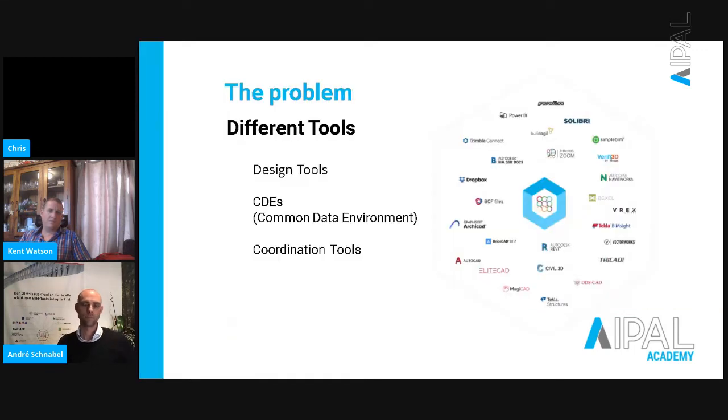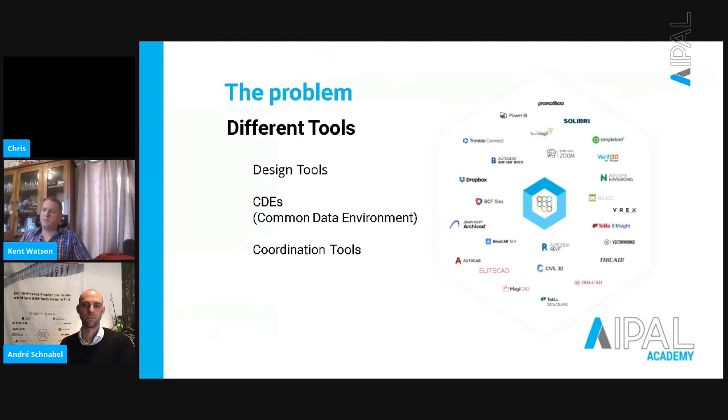So the problem is, of course, we possibly have many design tools in the project, and the bigger the project, the more likely it is that we have a couple of design tools. Of course, we have a lot of Revit out there. We have ArchiCAD, but also not to forget about Tekla, Vectorworks, maybe AutoCAD.